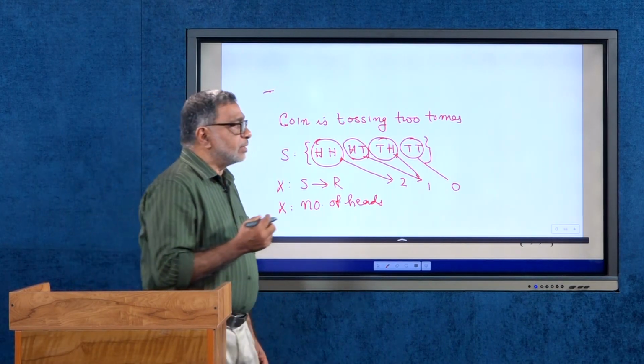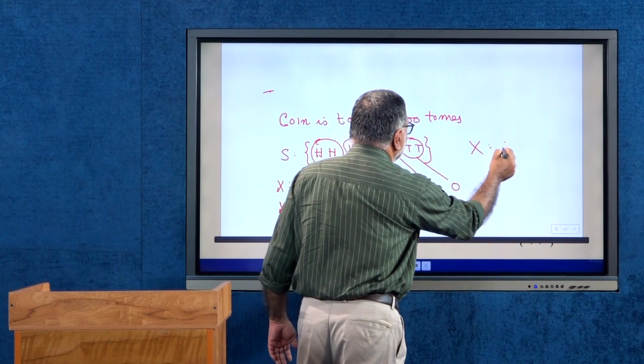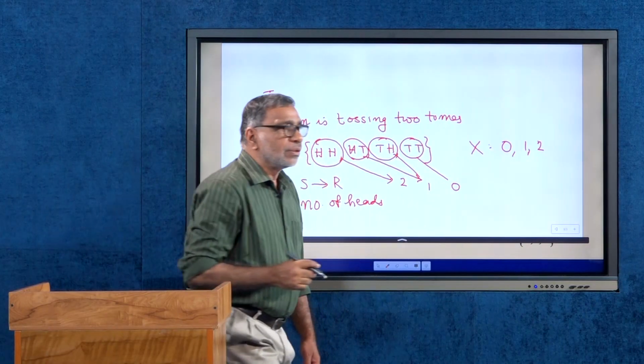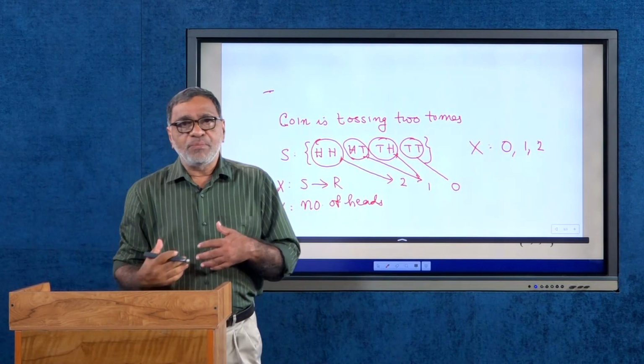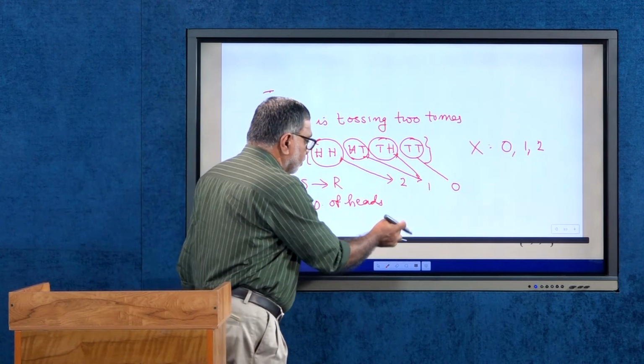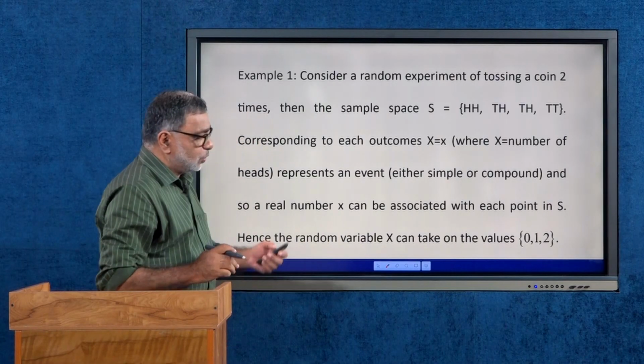So, X is a random variable having the values 0, 1, 2. This is an example of a random variable having 3 values. Hence, the real value X can take on the values 0, 1, 2.